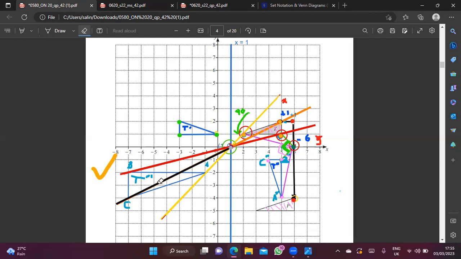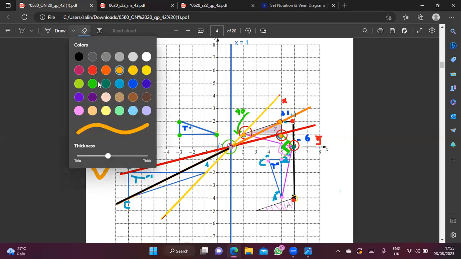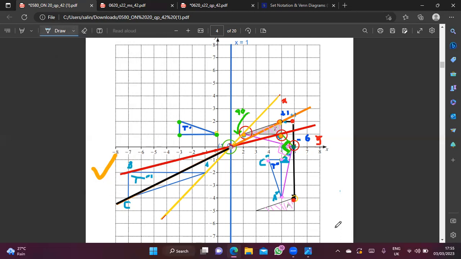But to identify which point is which point, I will use a different color here to label it. Maybe we can use blue. This blue, okay. Now, you can have a shortcut in the exam.